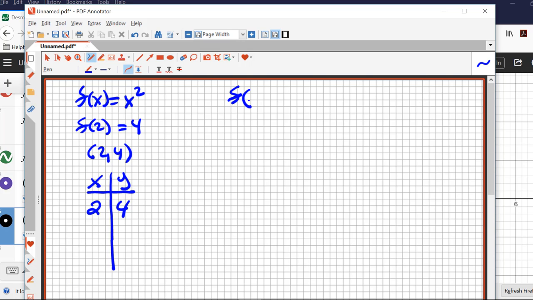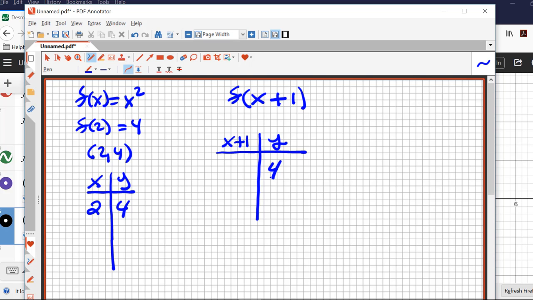What happens if I do this? f of x plus 1. Where does (2, 4) go? As we mentioned, and you saw in the graph, y doesn't go anywhere. So the value 4 stays right here.